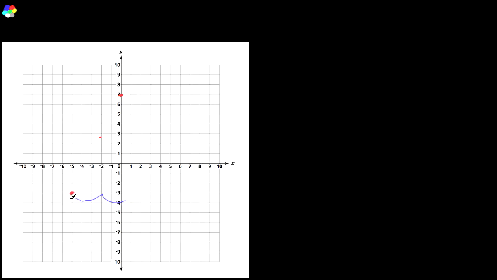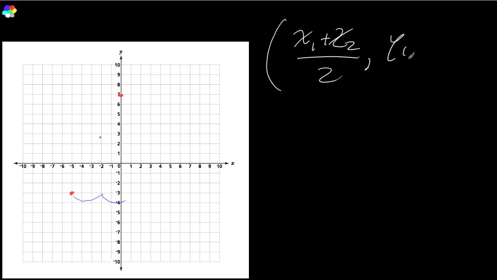Average is just v1 plus v2 over 2. So the mid x is the average of the x's of the 2 points, and the mid y is the average of the y's of the 2 points. So the midpoint is just going to be, say it with me, x1 plus x2 over 2, y1 plus y2 over 2. That's how you calculate the midpoint given any 2 points.